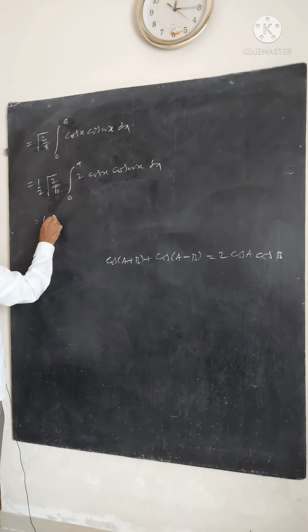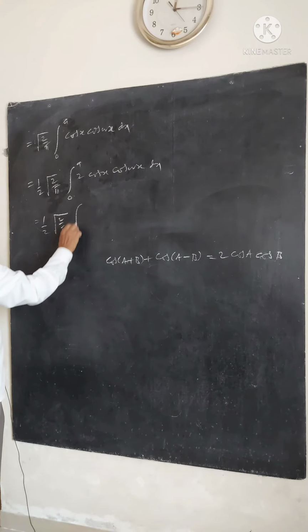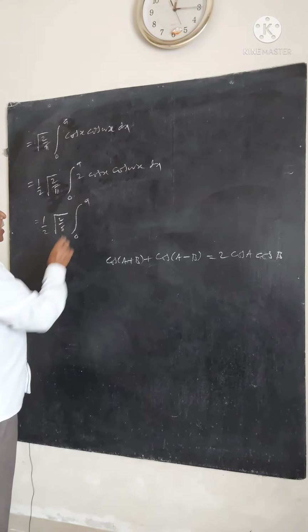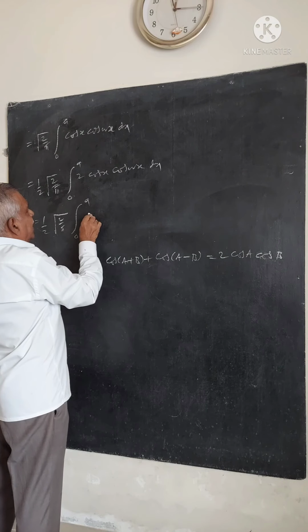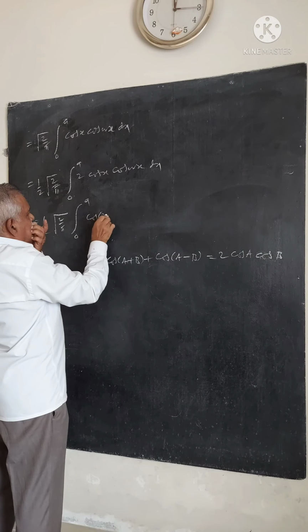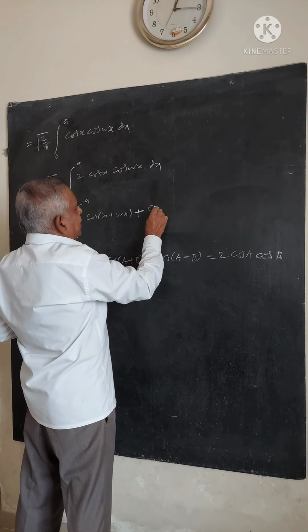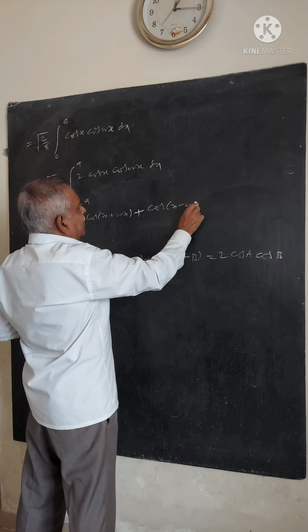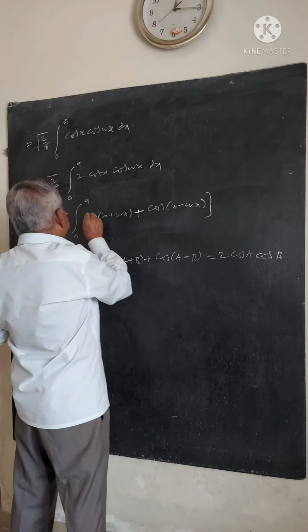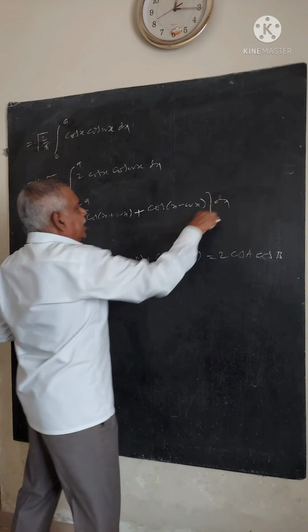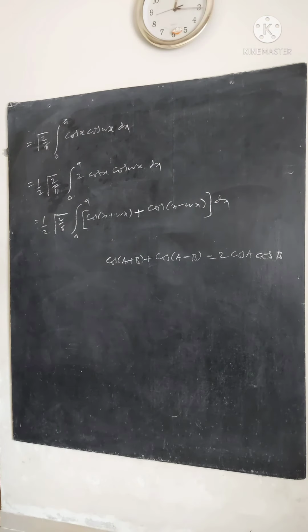So 1 by 2 root of 2 by pi, integral 0 to a of cos (x plus omega x) plus cos (x minus omega x) dx.